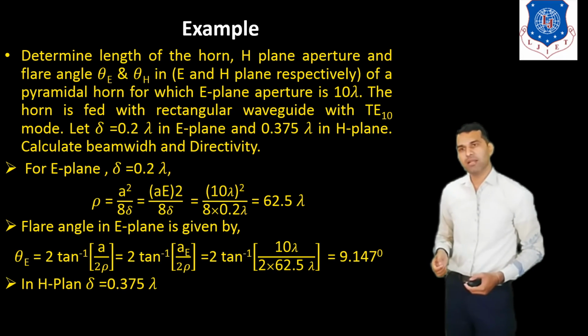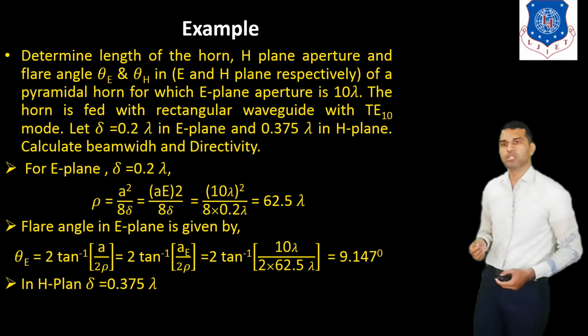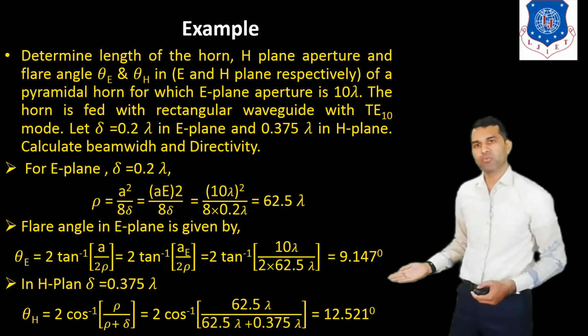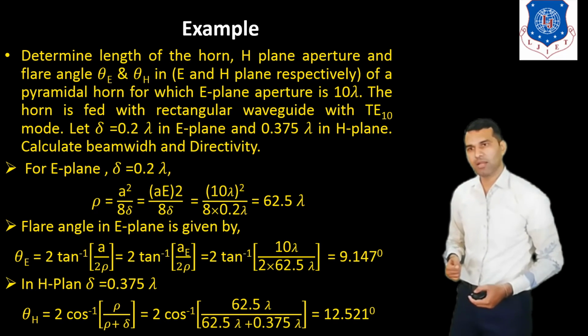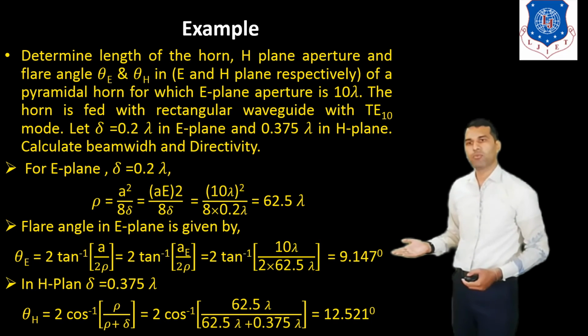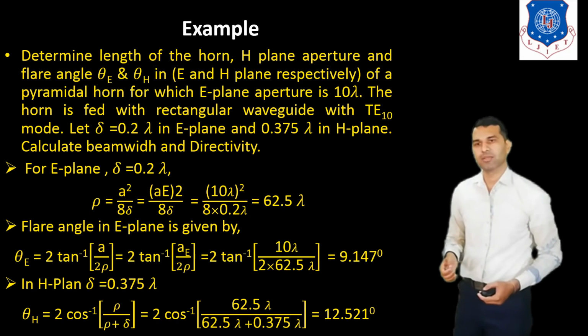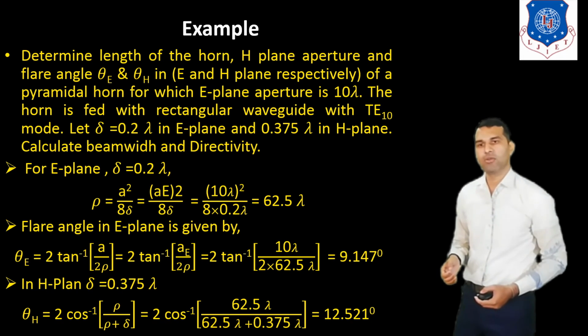In the H-plane, delta is given as 0.375 lambda. So we can also find the flare angle for the H-plane, and by putting the value of delta and rho, we get theta H is equal to 12.521 degree.